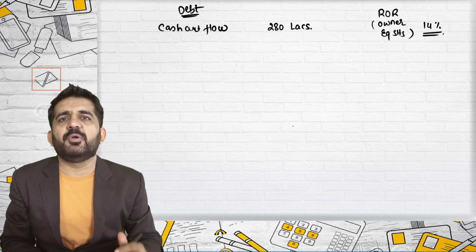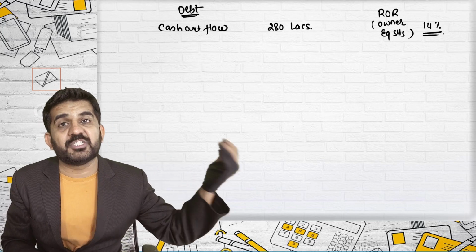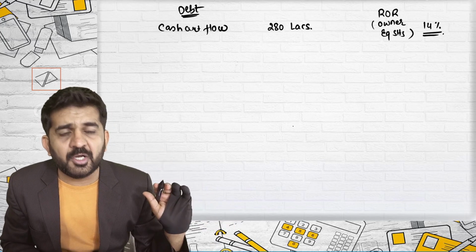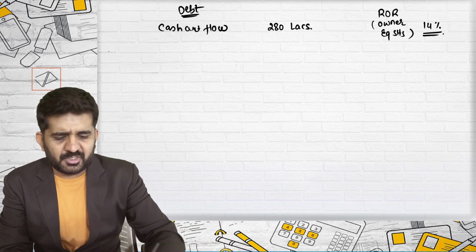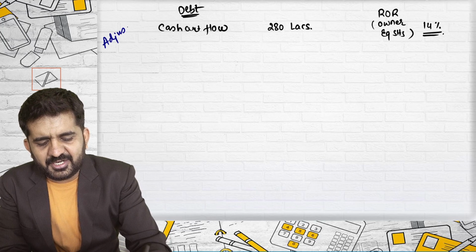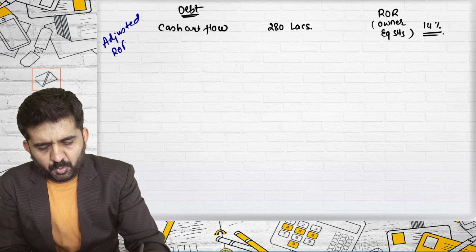They are just evaluating whether this project should be done through outsiders' money or by our own money. So I want to find out a new concept, which is adjusted rate of return. Try to concentrate. What does it mean?